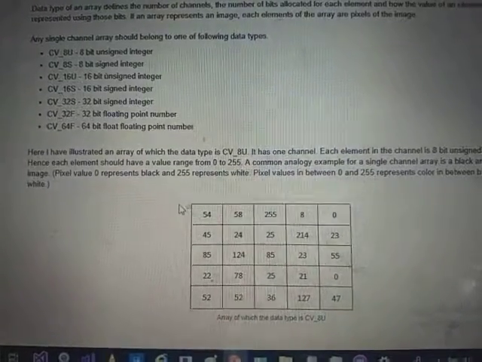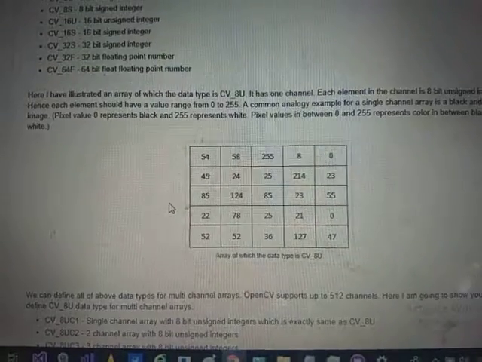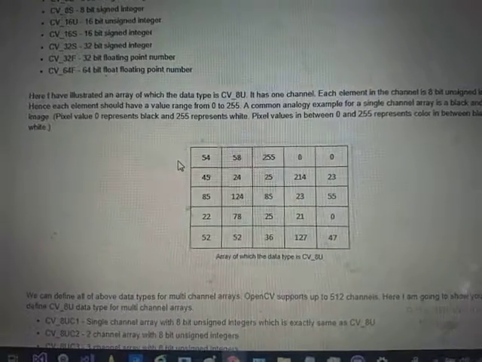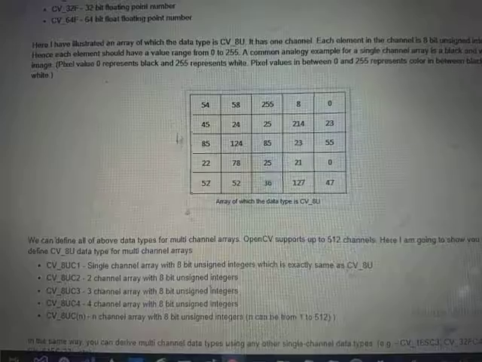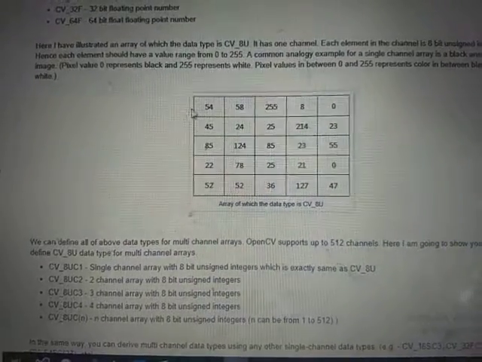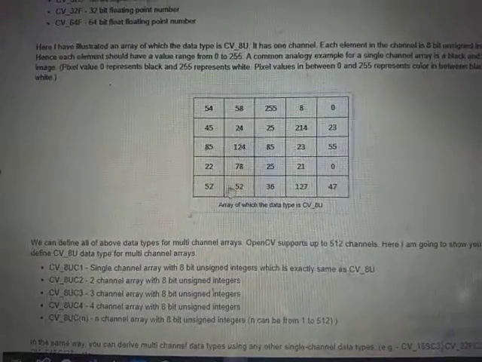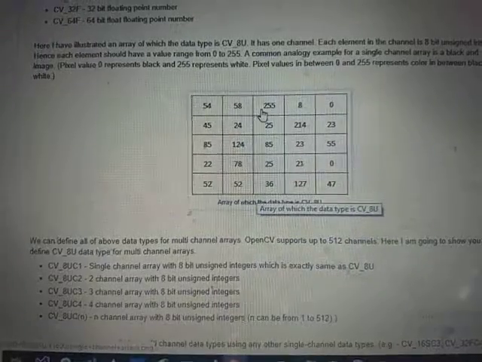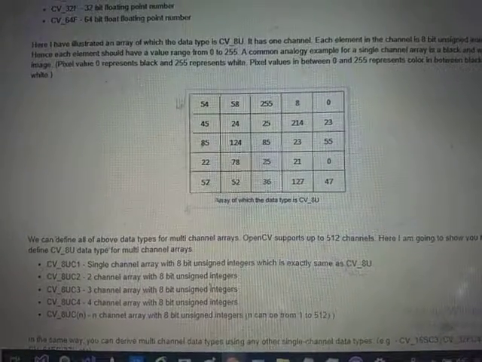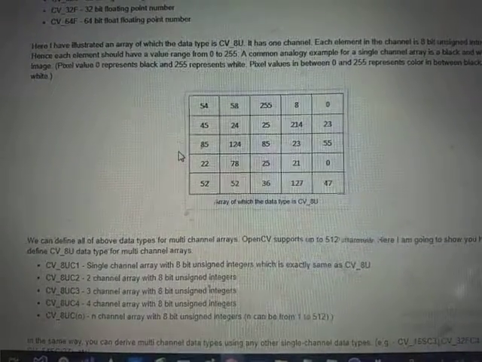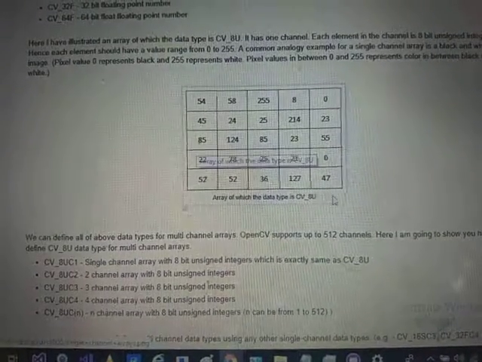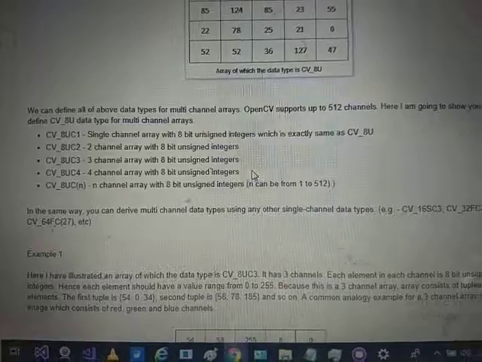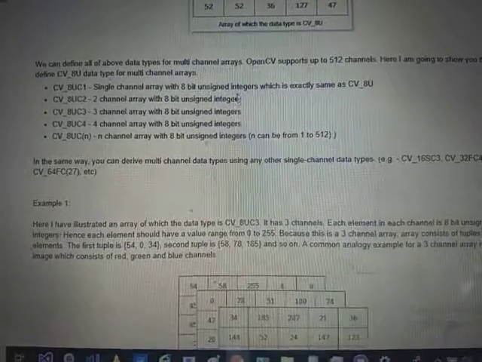The size of the image in pixels is 5 by 4, not the size of the file. Here, height and width are the same, 5 by 5. Like this, this is a one channel image.